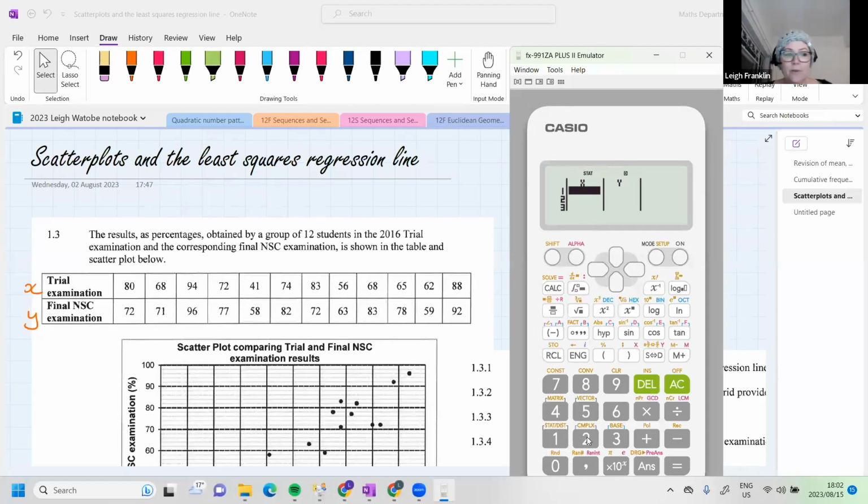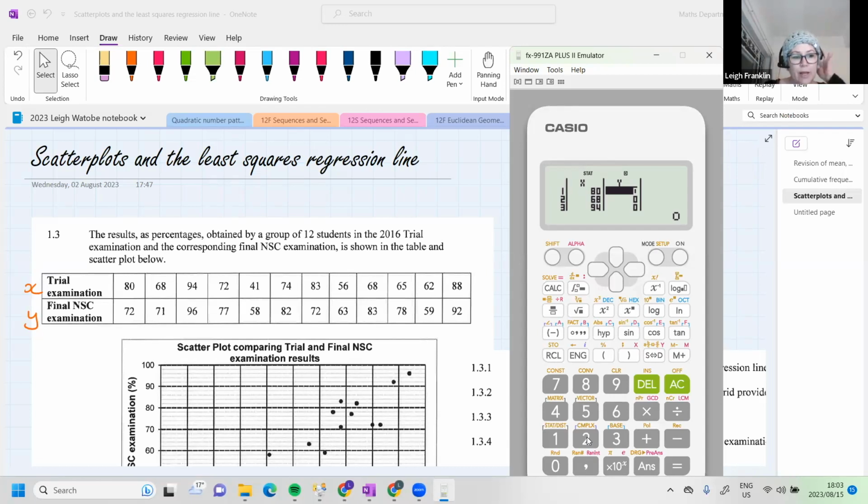So I'm going to put in the top row in the first column, pressing equals after each entry. Please do this as well on your calculators so that you can see that you're getting the same answers as I'm doing on screen. Okay, and once you've put in your X's, you can use your arrow buttons and go up to row number 1.